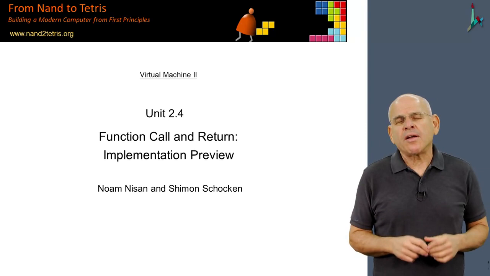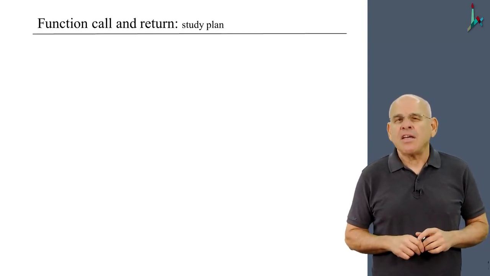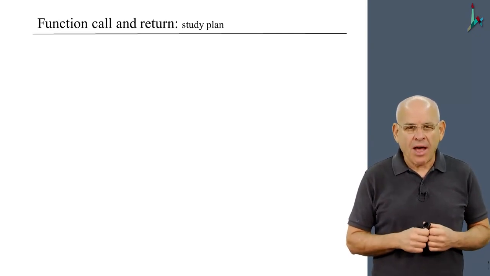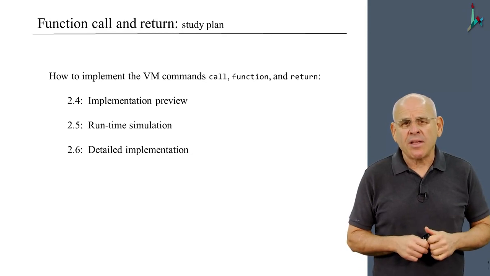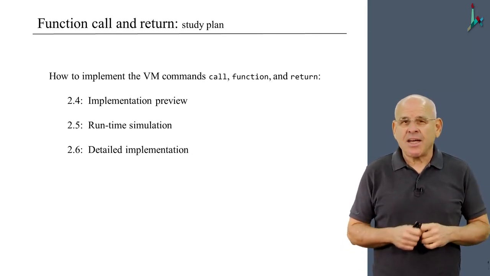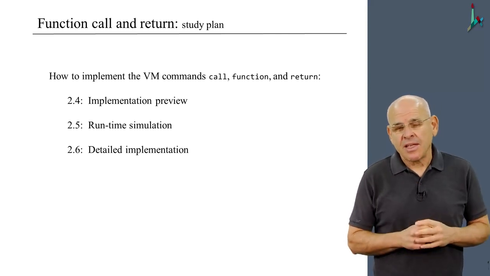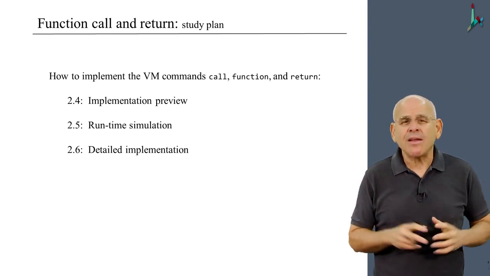With Unit 4, we start a sequence of 3 units in which we are going to explain how the function call and return protocol, if you will, is implemented. Now, this implementation is non-trivial, and actually it's quite fascinating and somewhat technical.